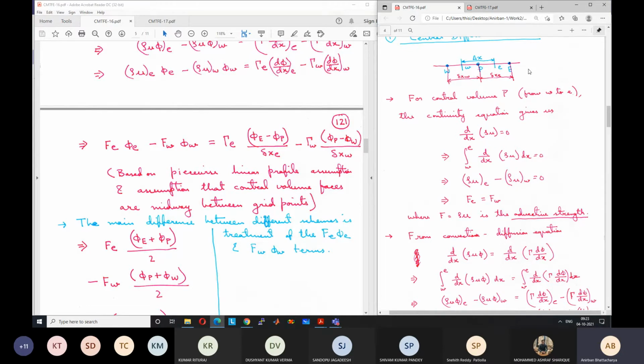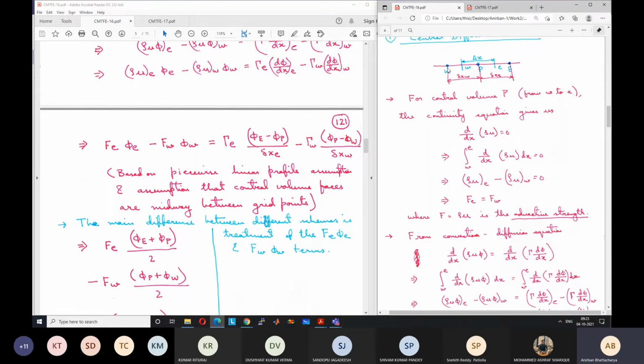If rho is known at P and E, we can find rho east as (rho P plus rho E) by 2, which gives us rho at this point. Similarly, if u is given at capital P and capital E, (u P plus u E) by 2 will be the u at the interface.